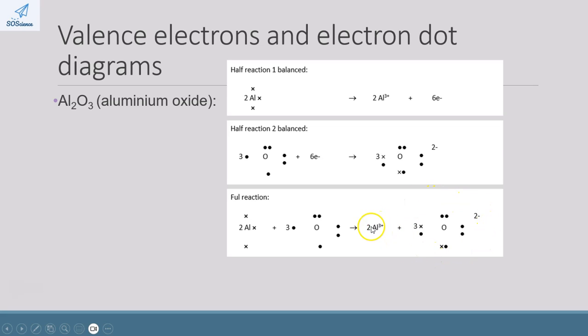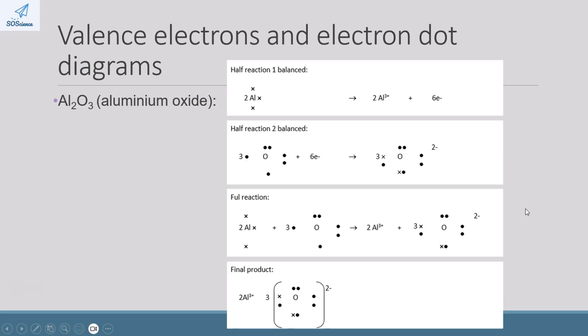Remember that because aluminium's given up its valence electrons to have a full outer energy level, we do not represent any valence electrons around aluminium once it's an ion, and oxygen, once it is the oxide ion, is going to have a full 8 valence electrons surrounding it.